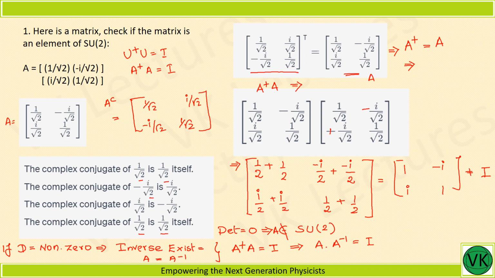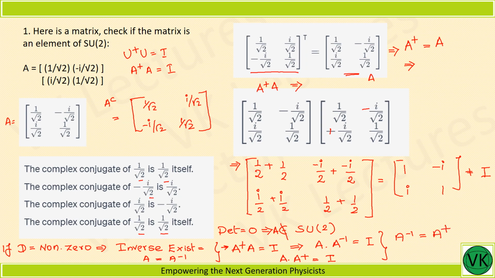Similarly, the third item that we have here, A dagger A should be equal to I, which means A times A dagger should be equal to I. From these two we can tell that A times A inverse equals I, A times A dagger equals I, and A inverse equals A dagger, right?